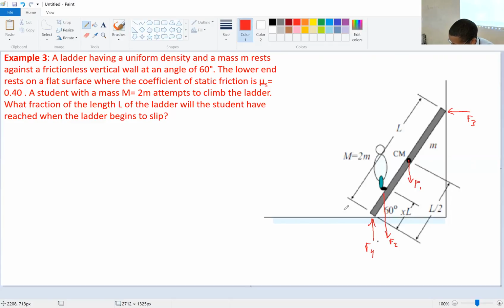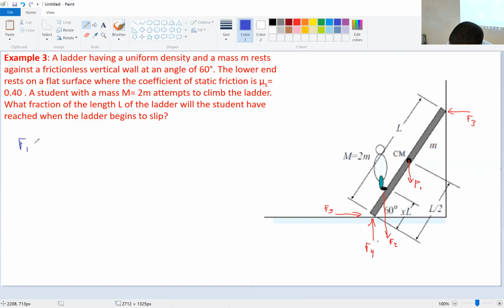So while the ladder is trying to go out this way, the floor is exerting a force on it, which I will call F5. So let me go ahead and label all of these.